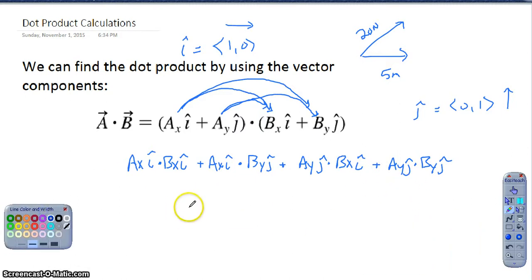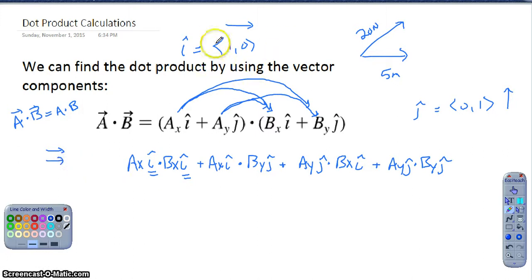But anyway, the reason that's important is because now if I think about my dot product rules, the dot product says that if two vectors are the same direction, then it's simply the magnitude of A times the magnitude of B. So that's where the I and J are very important. If both of these are I's, aren't they both going the same direction?